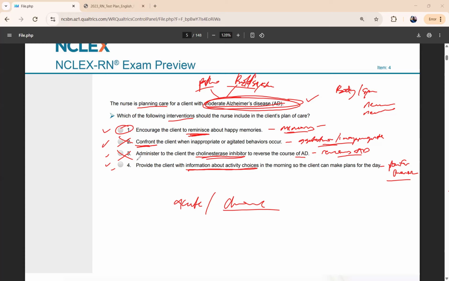If maybe we are dealing with a cardiovascular issue or a respiratory issue, yes, maybe they can plan for themselves. But with a neurological system problem, their thinking process might be having issues. So we cannot really say they can plan for themselves since this is a neurological condition. So this will be out, and then we are left with number one as the answer. Do you understand the concept?